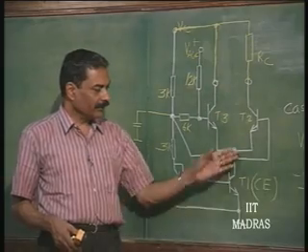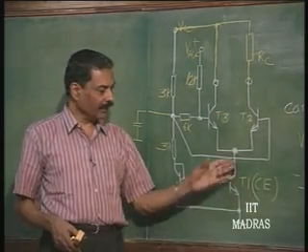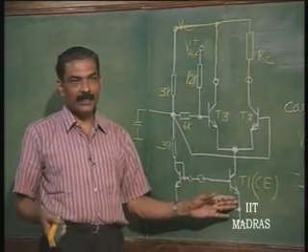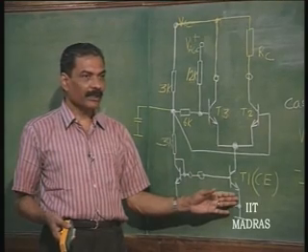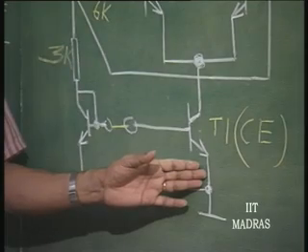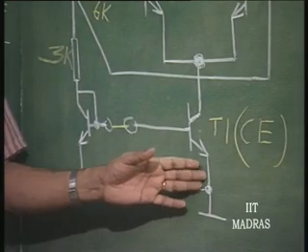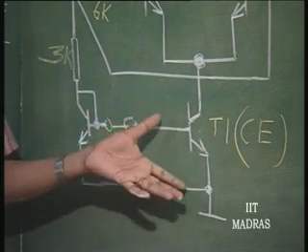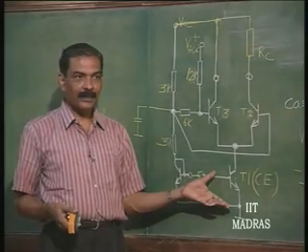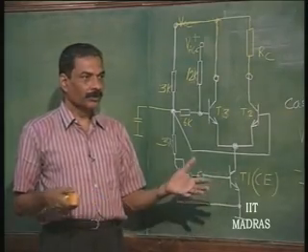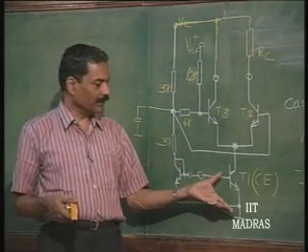If you vary the emitter current, we have seen in the last class that y11 and y21 parameters also vary. If y11 and y21 parameters vary, then when we are using it as a tuned amplifier, the Q and the bandwidth, all these things will vary.